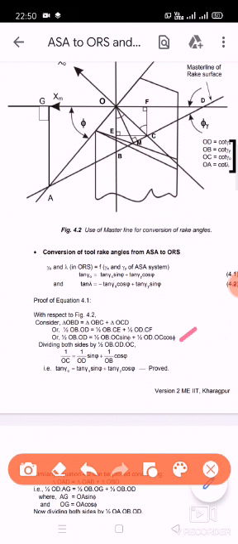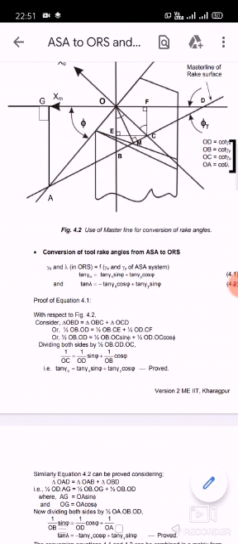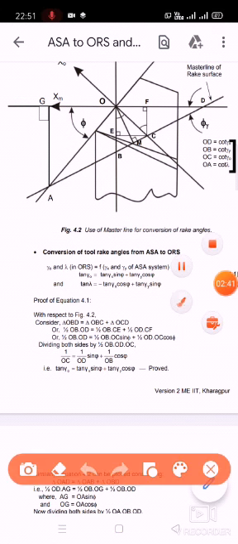So from figure 4.2 you can see CE by OC is equal to height by hypotenuse is equal to sin phi, and CF by OC is equal to base by hypotenuse is equal to cos phi. So you will get this line.